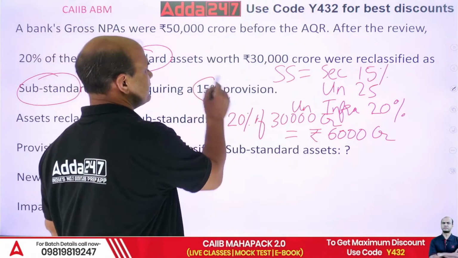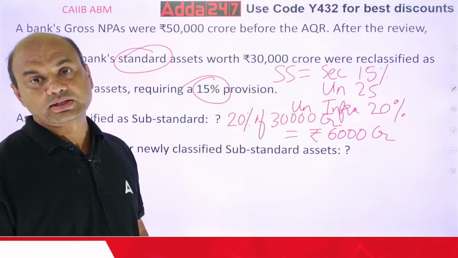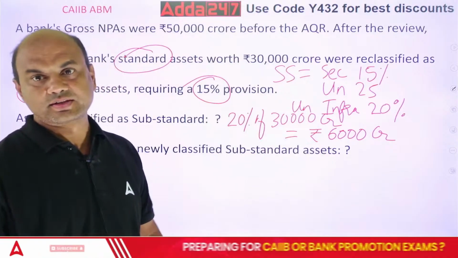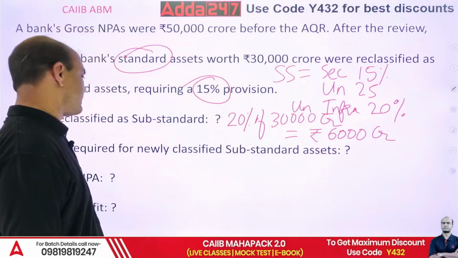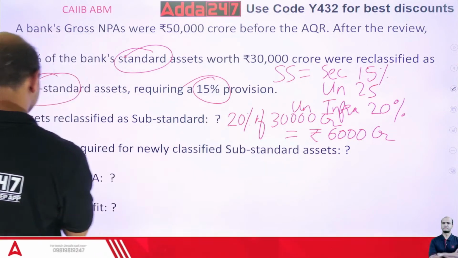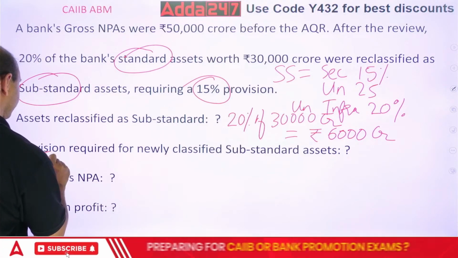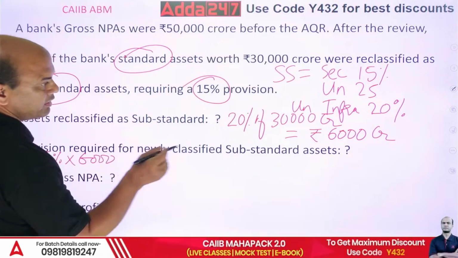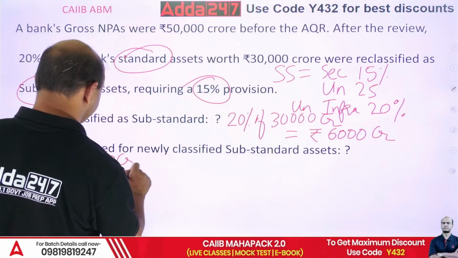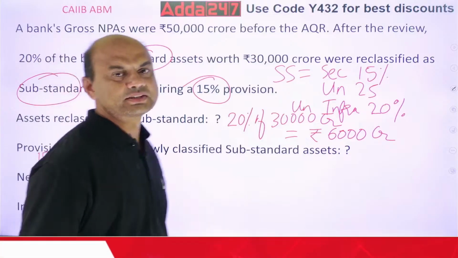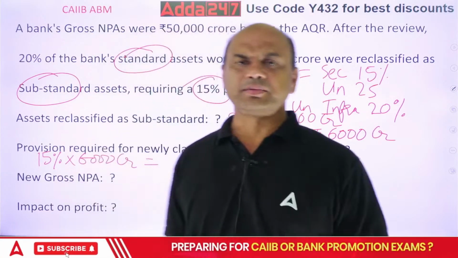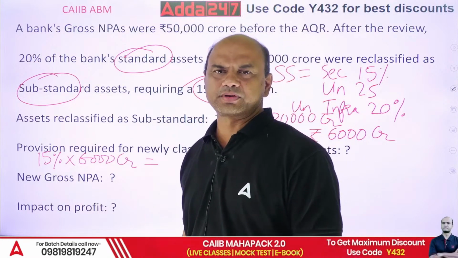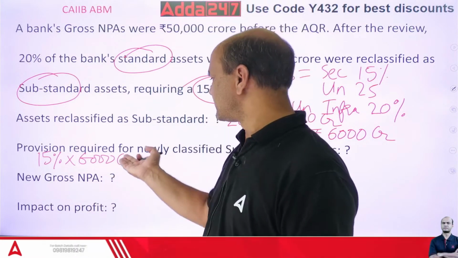So now 15% into these new substandard assets, 6,000 crores. 15 times 6 is 90, so it will be 900, because 10% is 600.